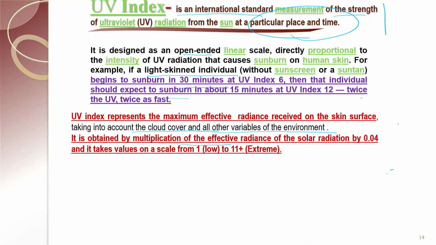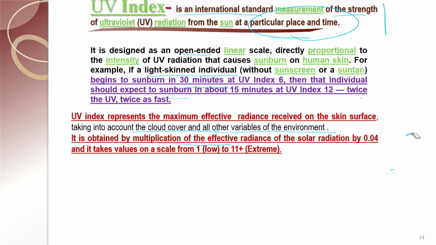That means we divide by 25 to get a factor with the scale, typically from 1 to 11 plus, for easy understanding of the UV ray.